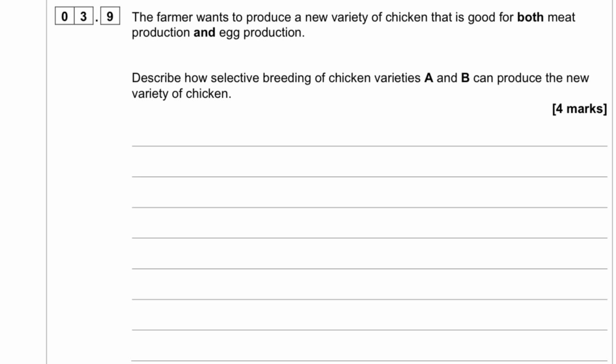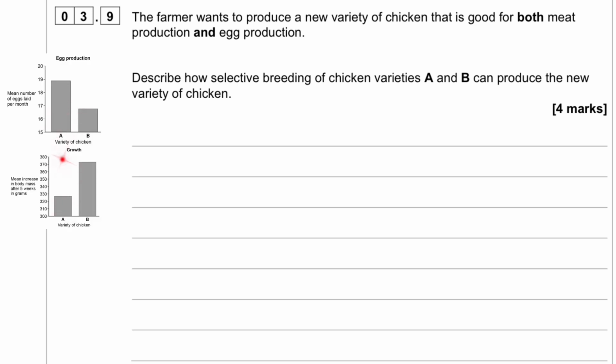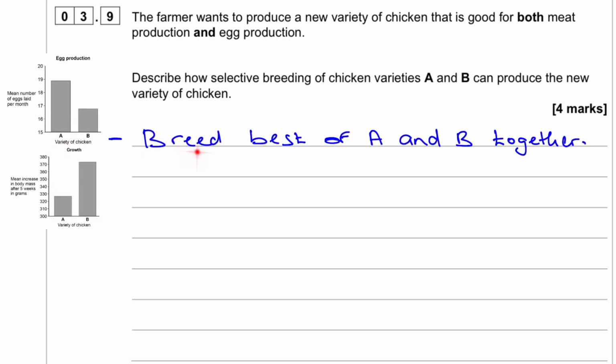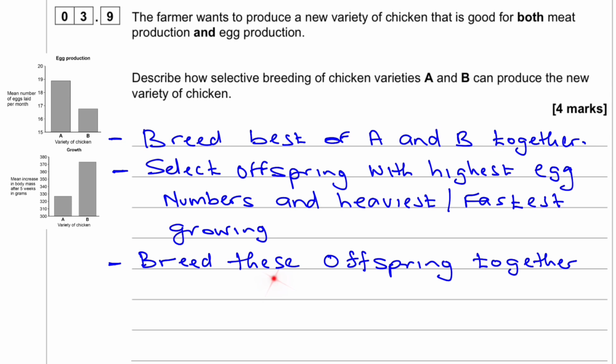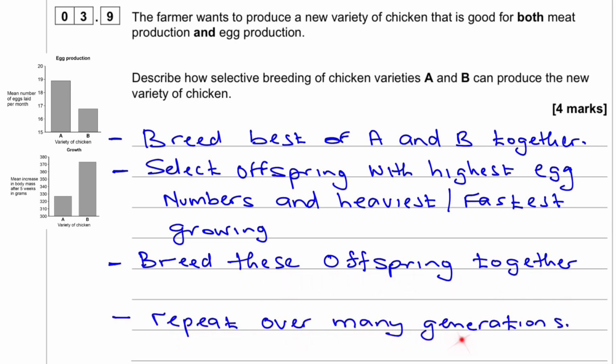So we've got the data here in figure 5, and therefore breed the best of A and B together, and the second point will be to select offsprings with the highest egg numbers and fastest growth. So you can see A and B here, and you could breed these offsprings together. Also repeat over many generations.